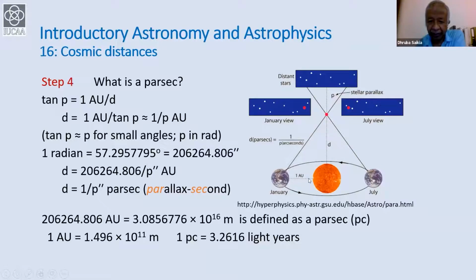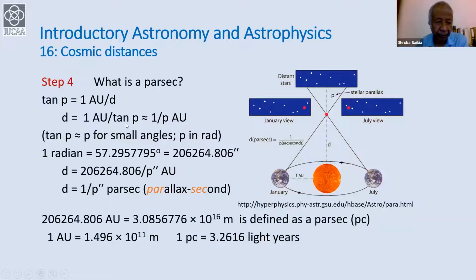But the basic definition of a parsec is given by trying to find the parallax angle as the Earth rotates around the Sun. You can see that D is equal to 1 AU, which is the average distance between the Sun and the Earth, and dividing, tan P, the parallax angle, would be given by 1 AU divided by D.